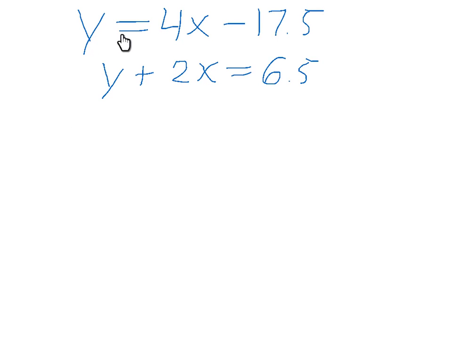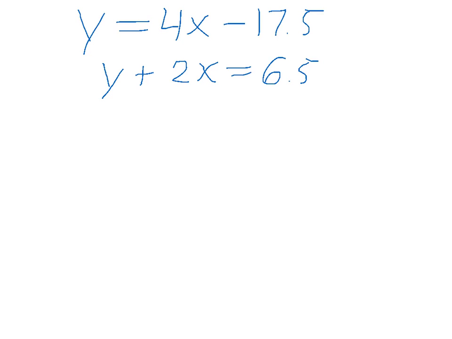I know that y equals 4x minus 17, and then in another equation, these are the same y's, the same x's, I'm also given that y plus 2x equals 6.5. Now let's just take a second to try to comprehend that. What are we saying here? Y is the same thing as 4x minus 17.